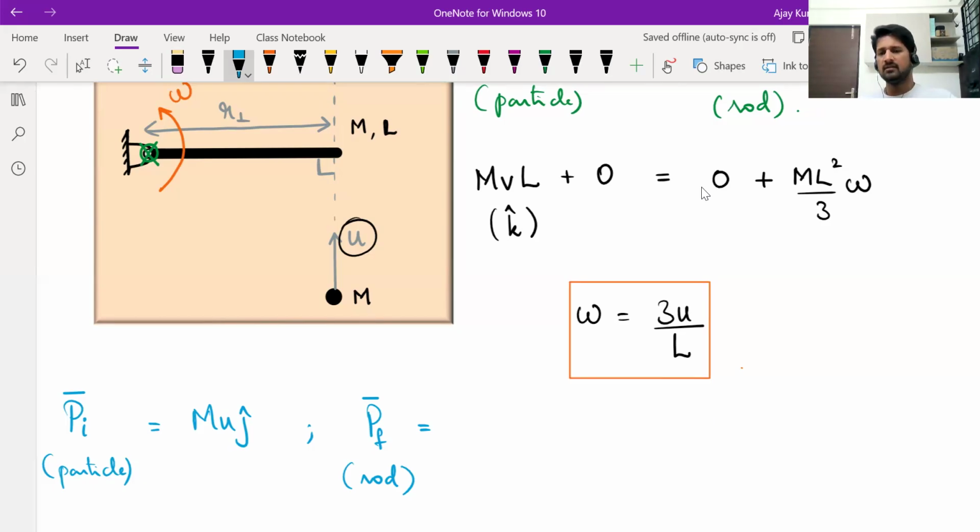What is the one single formula for linear momentum in any kind of motion? Okay, any of you, if you remember, you can tell. What is the formula for linear momentum of a system in any kind of motion?